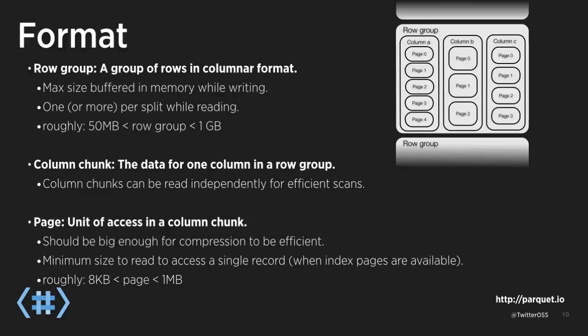Let's say you would want to read a single value, you would have to decompress a page that contains a certain number of values and get to it. So a page would be something like 64K, and that's a unit of compression. So if a page is too small, it's not going to compress as well. And if it's too big, you increase the granularity at which you can access the data.